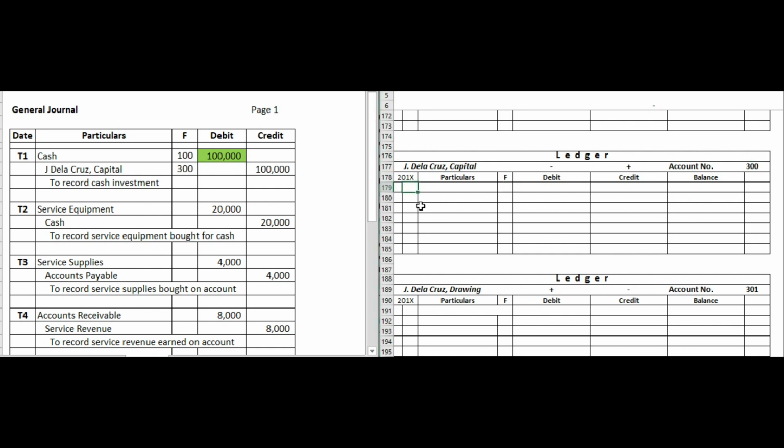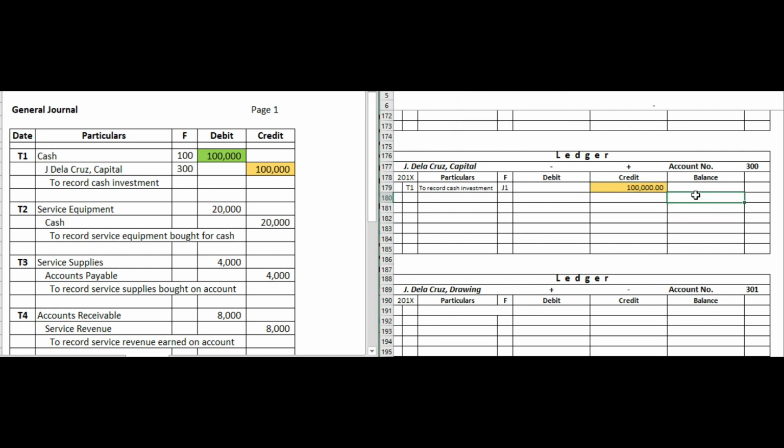Then, we have the posting. Lalagay natin dito, transaction 1. Explanation. Of course, General Journal 1 or J1. Then, debit credit. Since ang capital natin ay nasa credit, lalagay din natin siya sa credit. For extra emphasis, kulayan natin ng medyo orange.